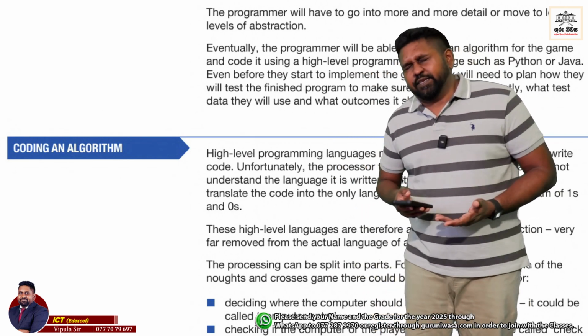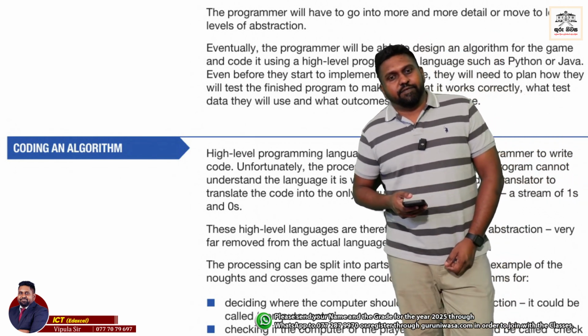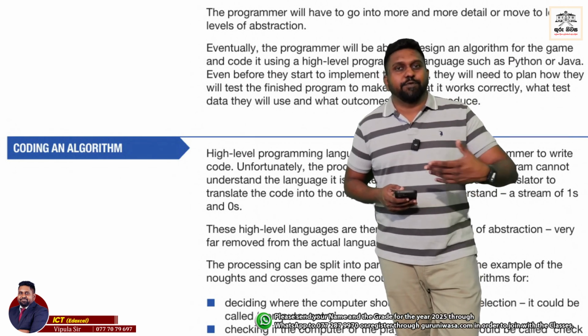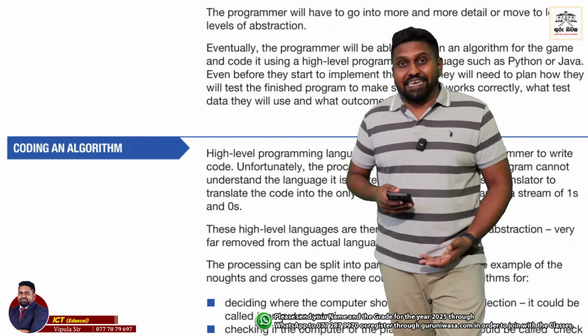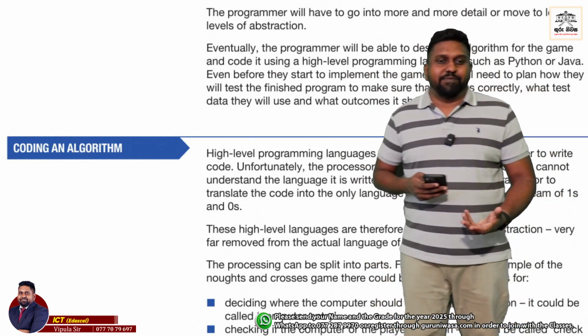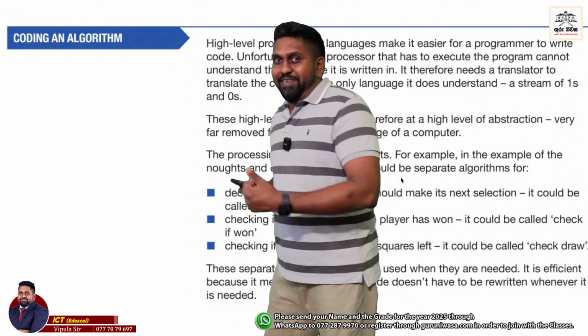So whatever said and done, however complex the algorithms you build, at the end of the day, it has to be developed, right? So you need to use some sort of a coding mechanism or a coding language to create this program, right? So for that, we use programming languages, okay?